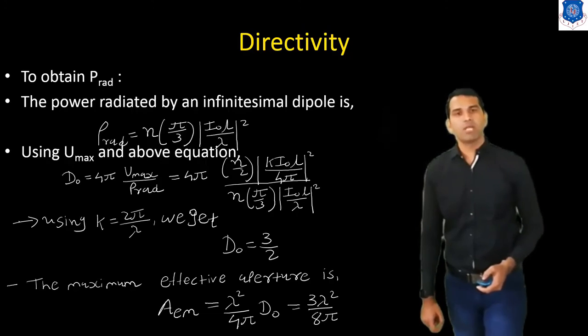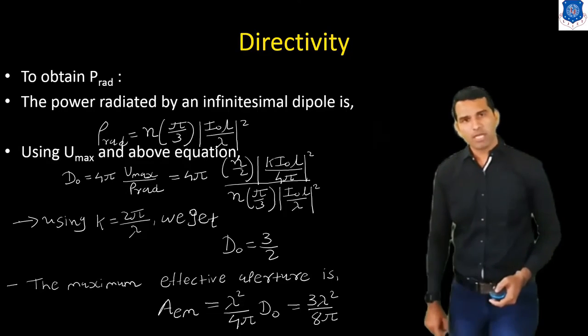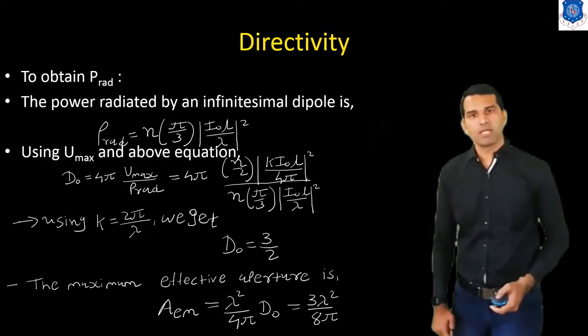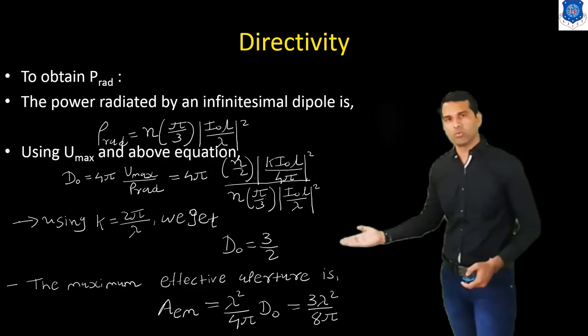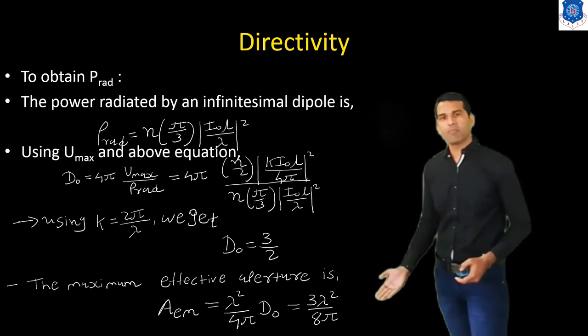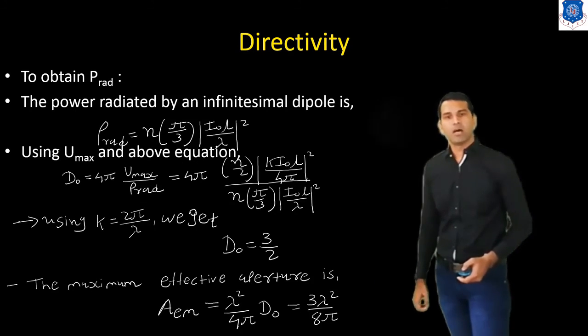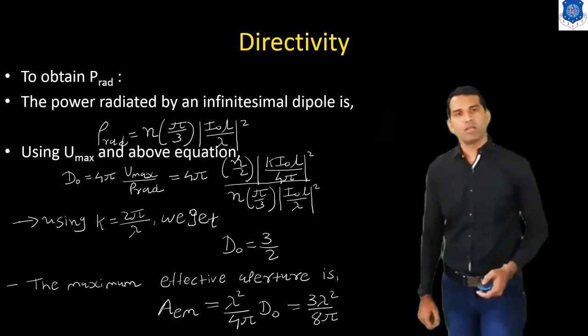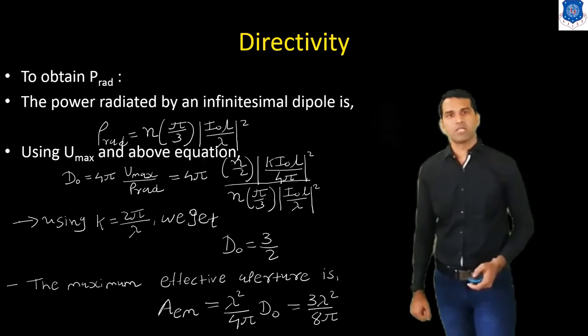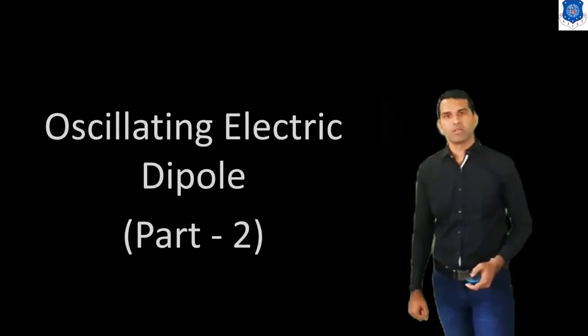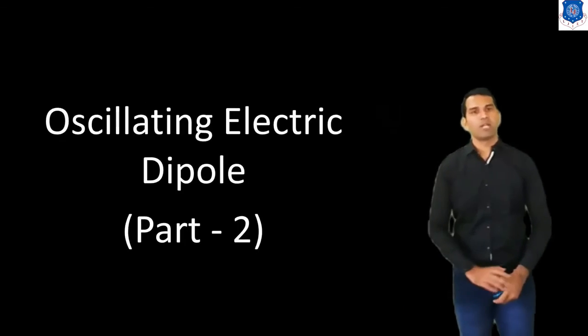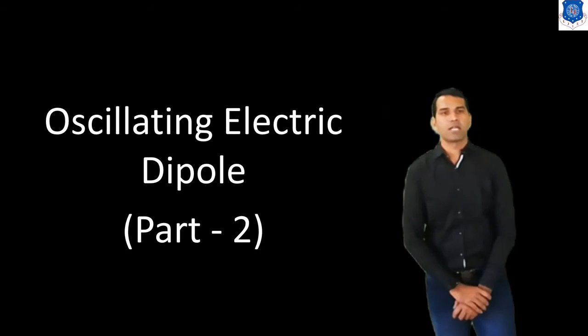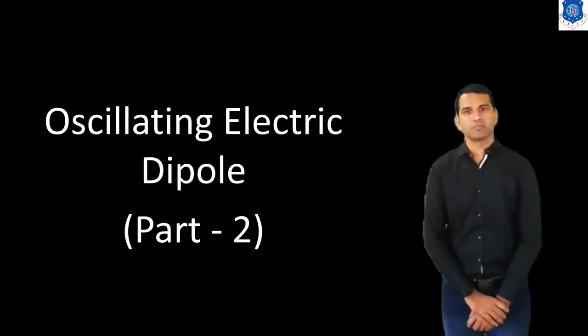So the directivity for the oscillating dipole or infinitesimal dipole is 3 by 2, and the effective aperture is 3 lambda square upon 8 pi. So here we complete this oscillating dipole analysis.